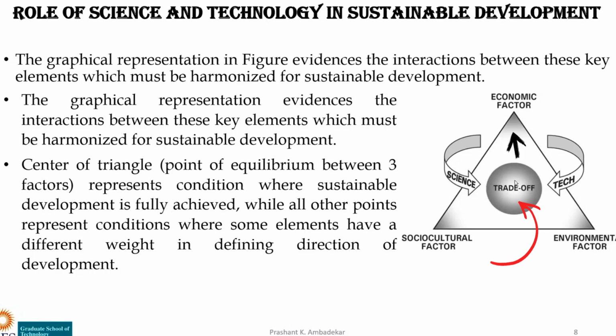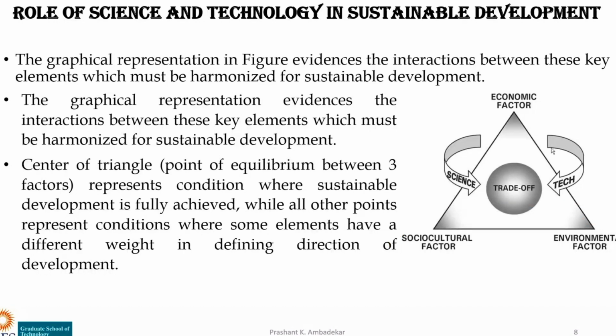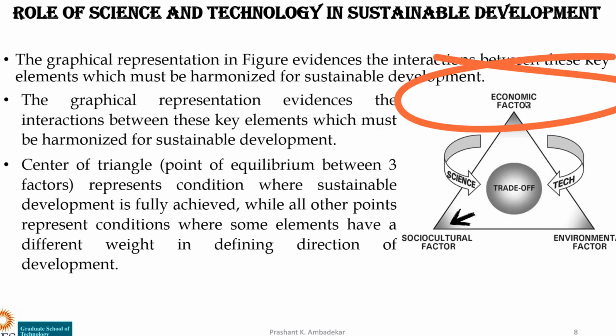So if you are moving away from here, suppose if you are here, then you are taking care of the economic factor and you are ignoring the social and environmental factor. If science and technology is moving in such a way that it comes here, then you are taking care of only the socio-cultural factor, maybe slightly the environmental factor, but the economic factor you are ignoring.